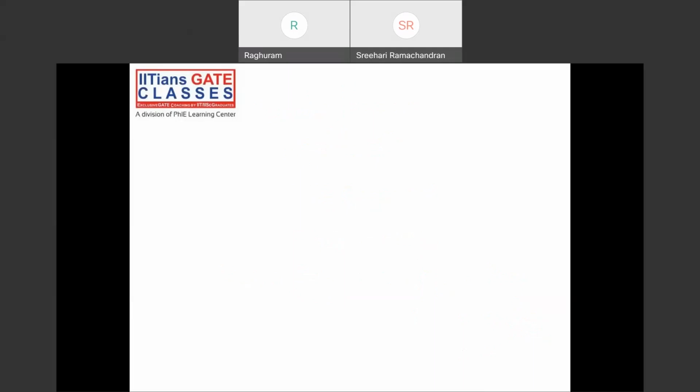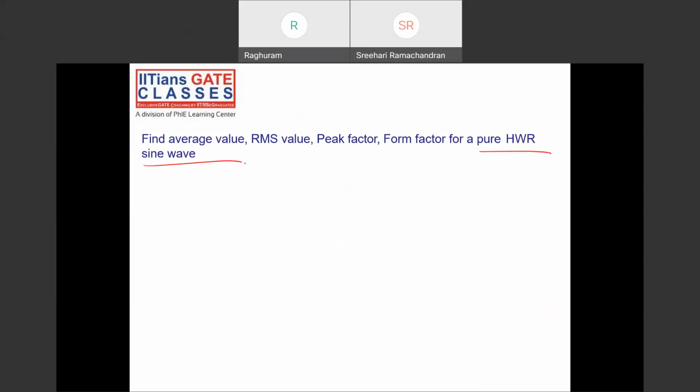Also, you have to remember for pure half wave rectified sine wave, these values are important. For half wave rectified sine wave, RMS is 0.5 times Vm. Average value is 0.318 Vm.